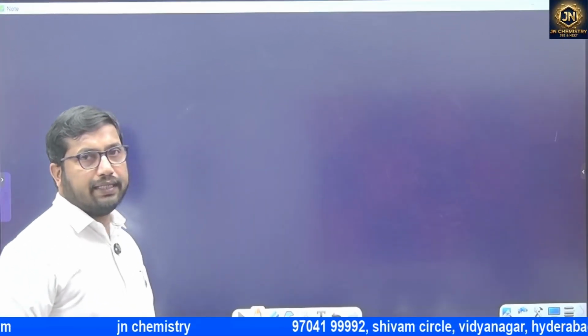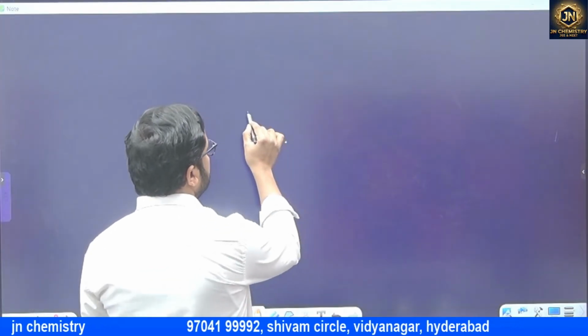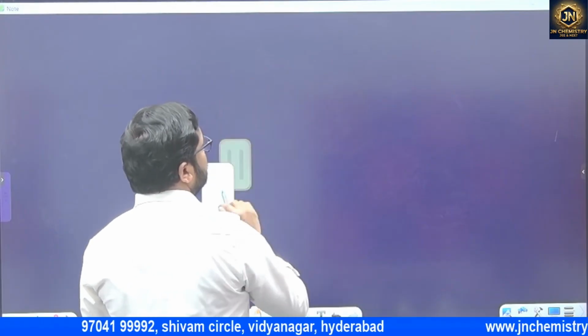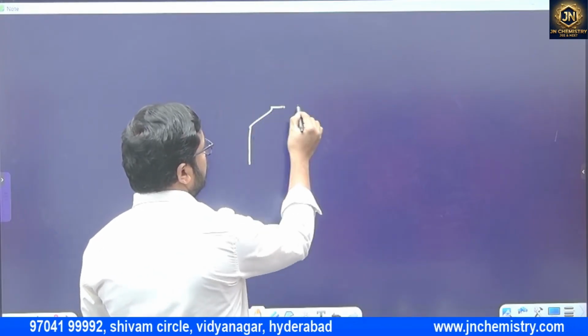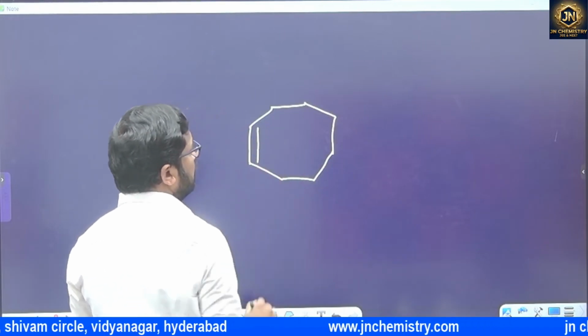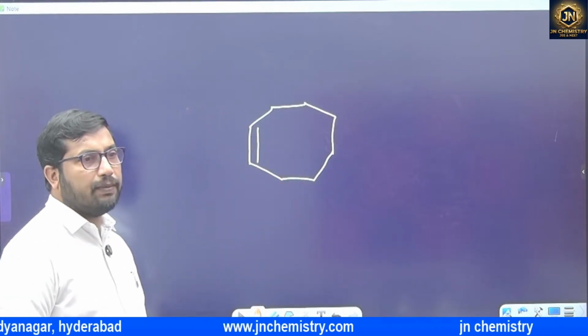For cycloalkenes, I told you in the last class. So minimum how many carbons? Write it down. For cycloalkenes, minimum 8 carbon atoms are required to show the geometrical isomerism.